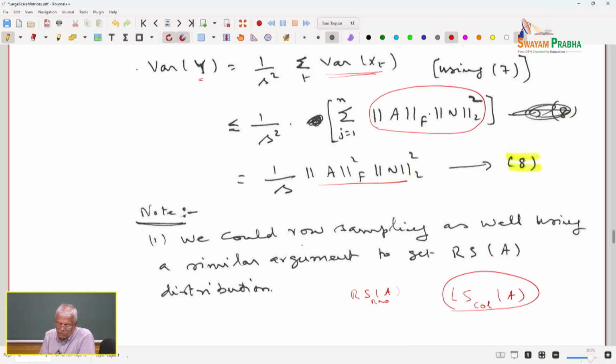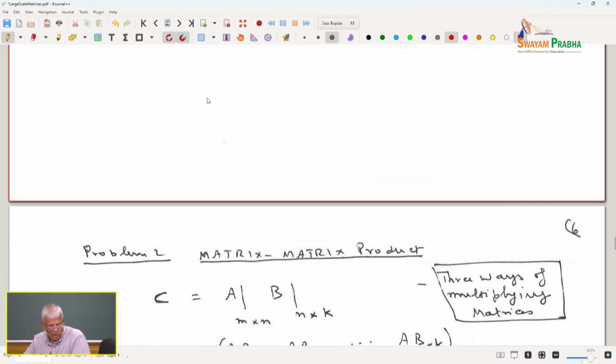We could have done a row sampling as well using a similar argument to get the length squared distribution for rows. So, I have a distribution to pick columns, I have a distribution to pick rows. Instead of doing both at the same time, I did it for the columns and then said I could have repeated the same by replacing the square of the column length by the square of the row length.